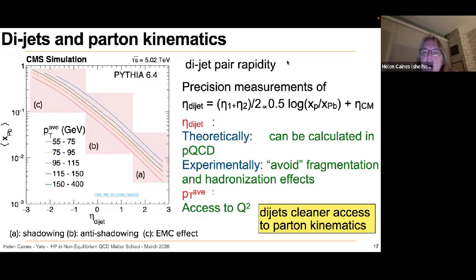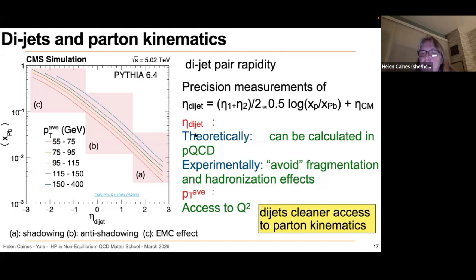If you look at the dijet pair rapidity, which is the average of the rapidity of the leading and sub-leading jet, you can show, after a bit of consideration of how rapidities are defined, that this is proportional to the X of the proton that you are probing with some center of mass shift, but that's just a shift.